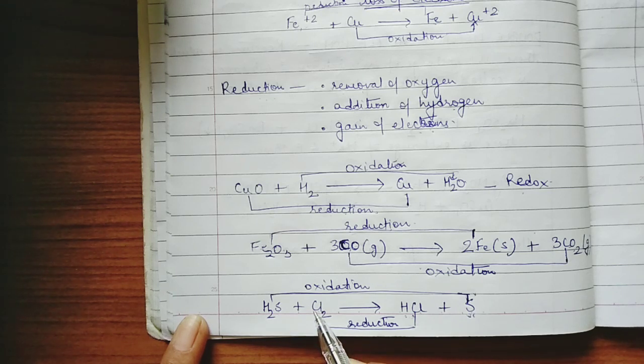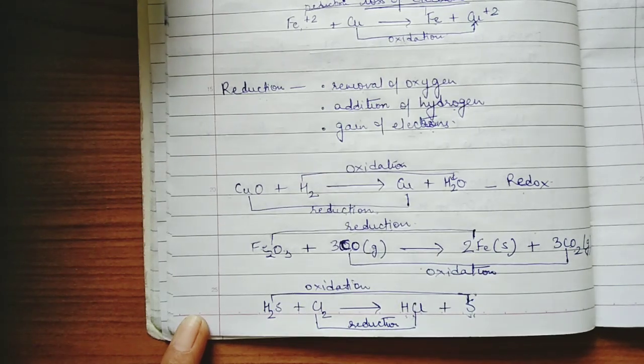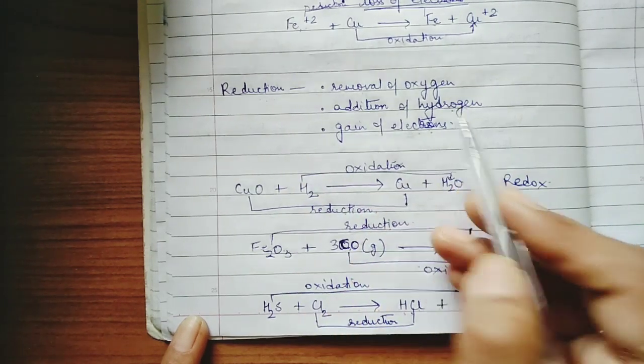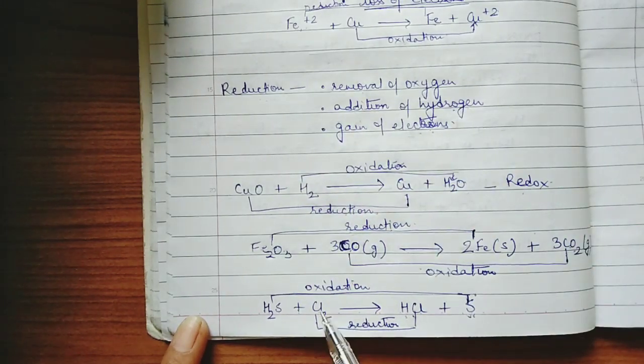What is happening to Cl2? Cl2 is gaining hydrogen and getting converted to HCl. That means it is undergoing the process of reduction. So what is reduction? Addition of hydrogen. Here there is addition of hydrogen to Cl2, so this is an example of a reduction reaction.